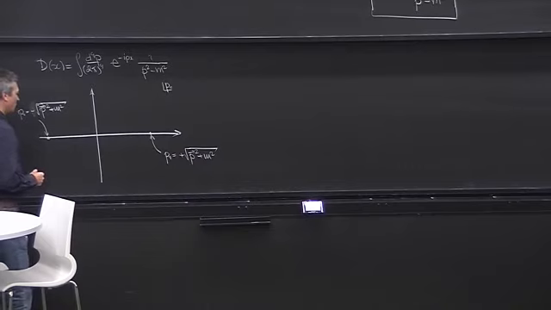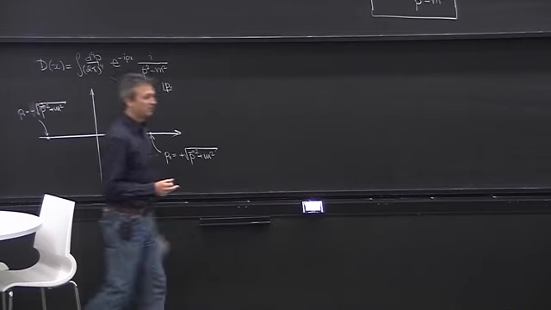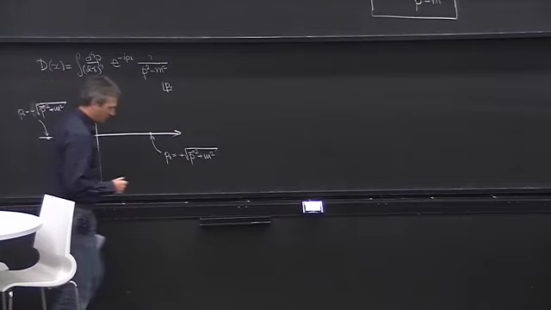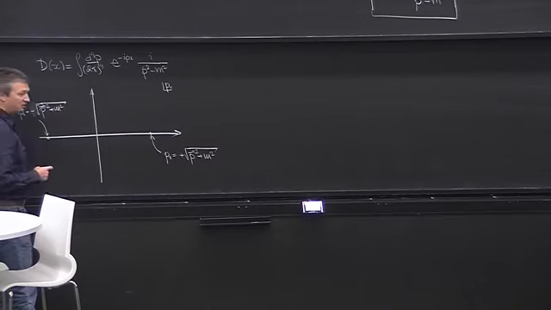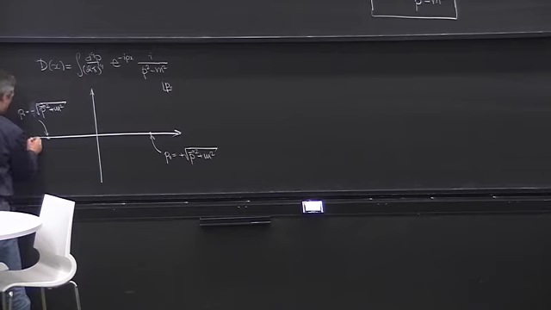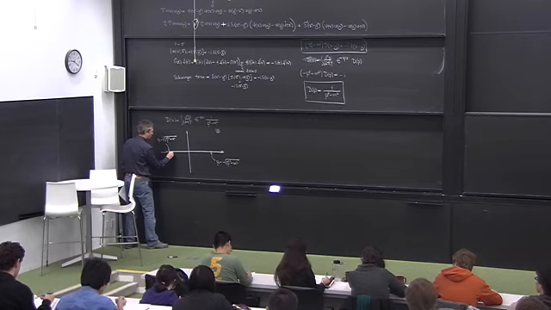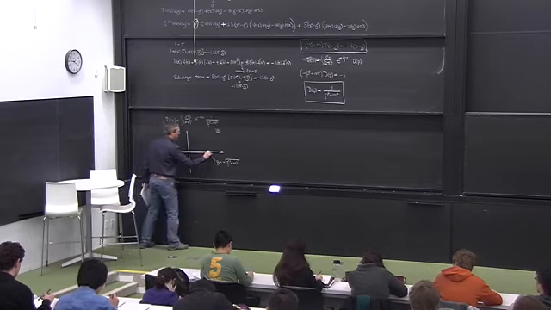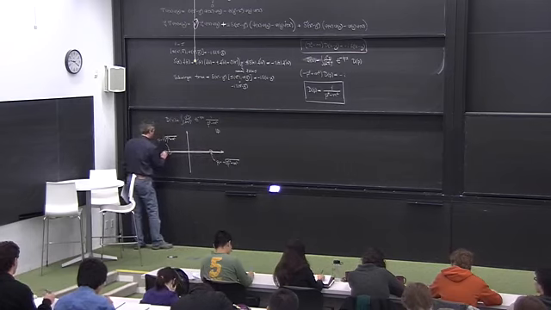Now, I don't really want to explain in detail how one should resolve the singularity. But the idea is that you just draw the contour that goes a little bit around this point. So you go outside into the complex energy plane, and the integral then should go around the poles in this way.